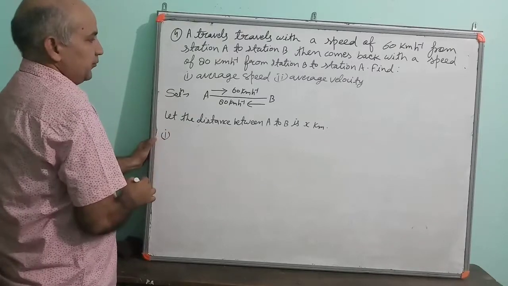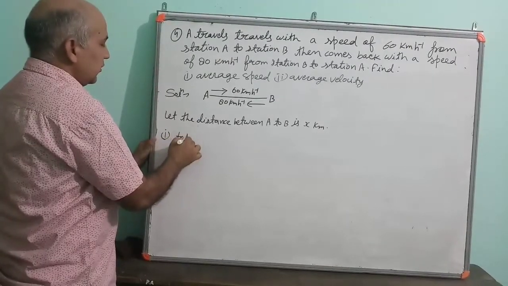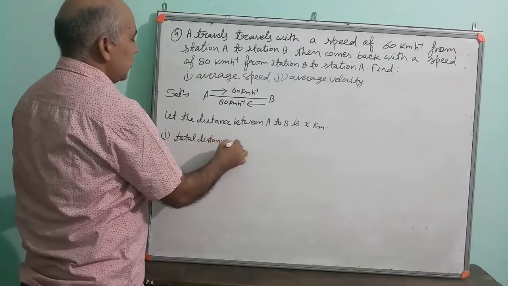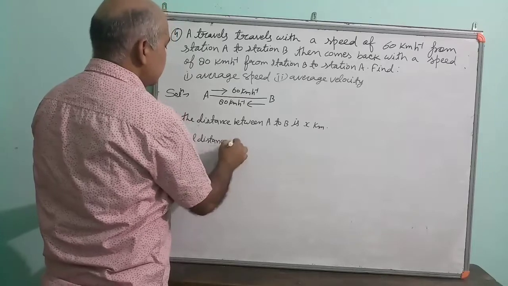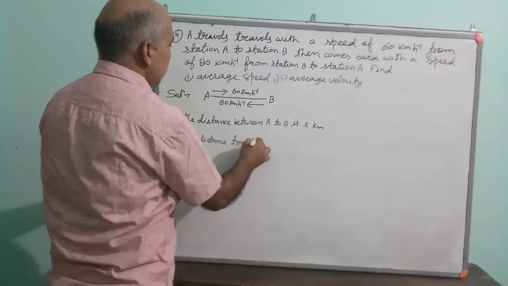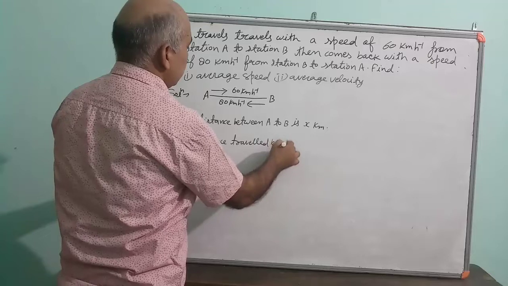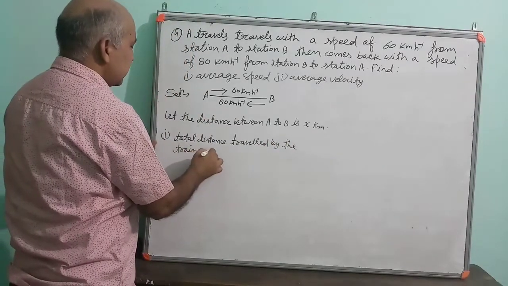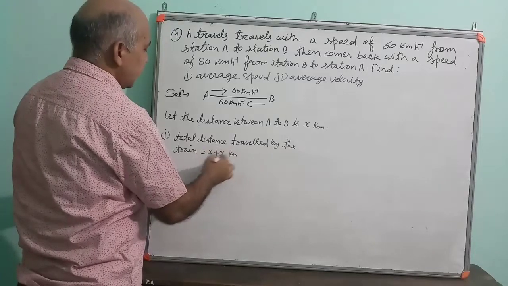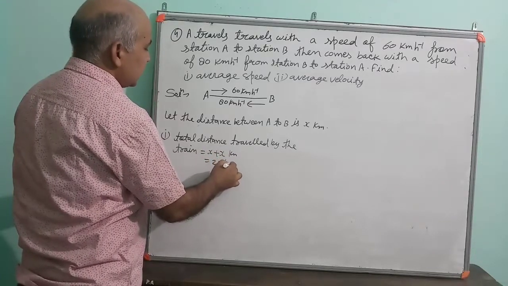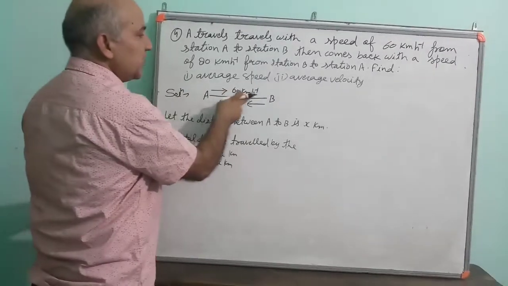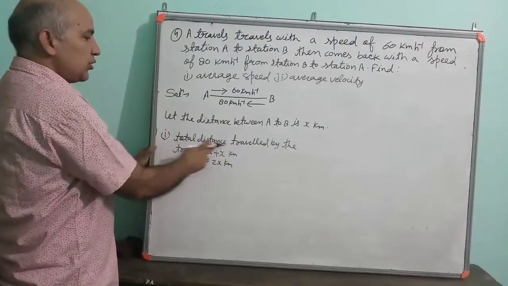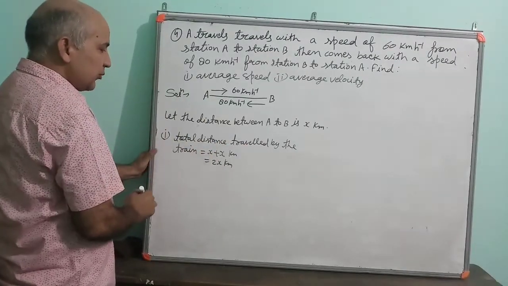Then the first one, you can see that the total distance traveled by the train is equal to x plus x, that is 2x kilometer, because x kilometer is going from A to B, then x kilometer is coming from B to A. So total distance traveled by the train is 2x kilometer.